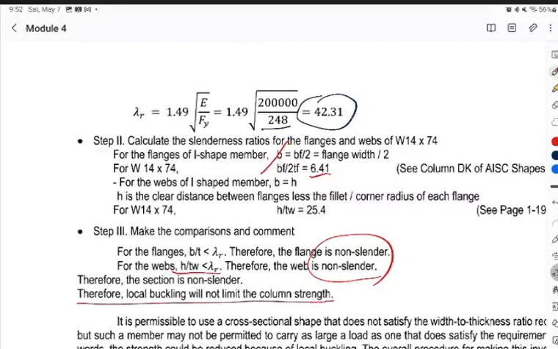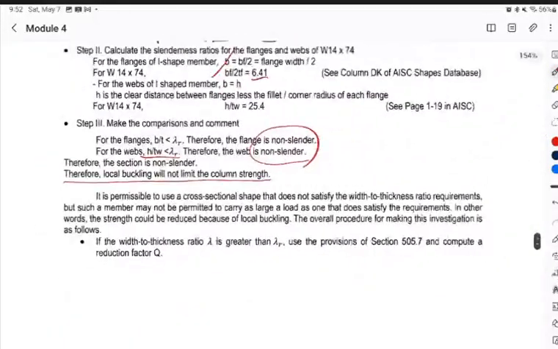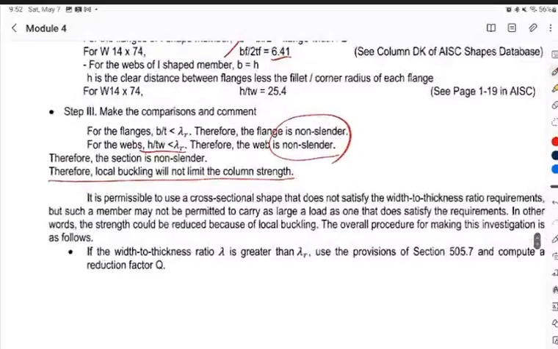So local buckling will not limit the column strength. So it is permissible to use a cross-sectional shape that does not satisfy the width to thickness requirements. Such member may not be permitted to carry as large a load as one that does satisfy the requirements. In other words, the strength could be reduced because of local buckling.